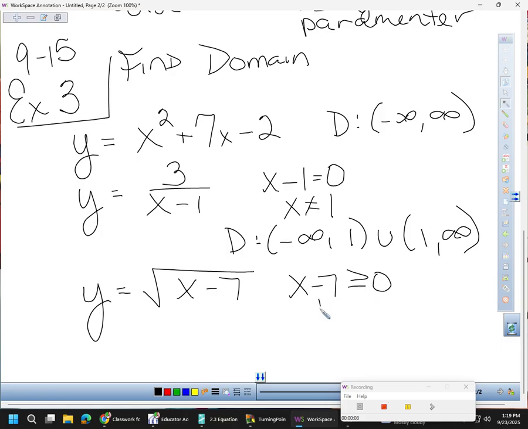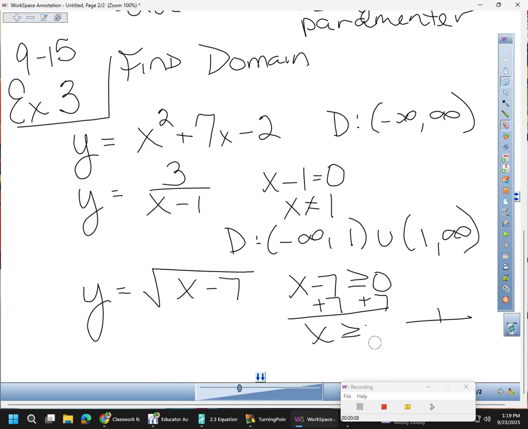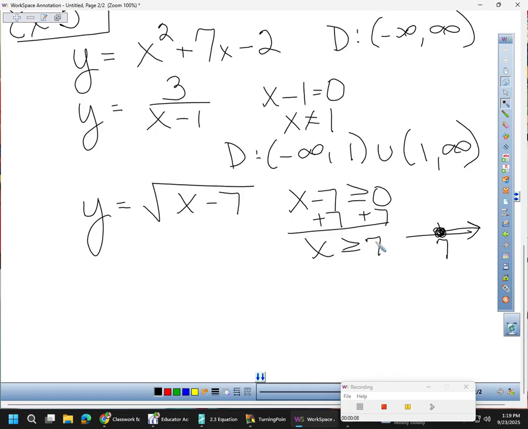I'm going to go ahead and add 7 to both sides. I get x is greater than or equal to 7. Sorry, my bad, I can't add today. So on my number line at 7, I'd have a closed dot, and it's everything that way. So my interval notation is a bracket 7 to infinity.